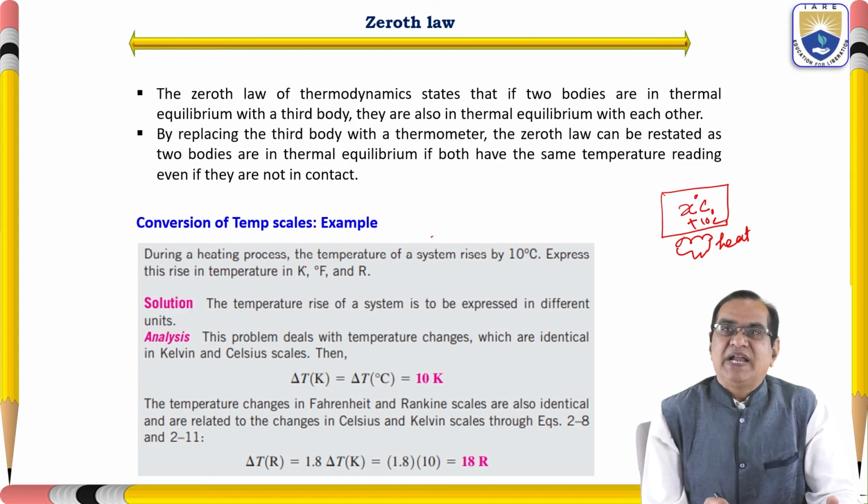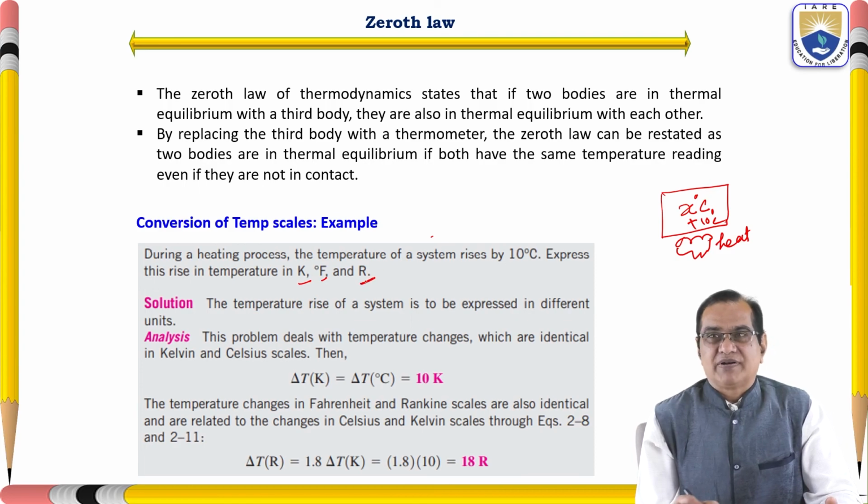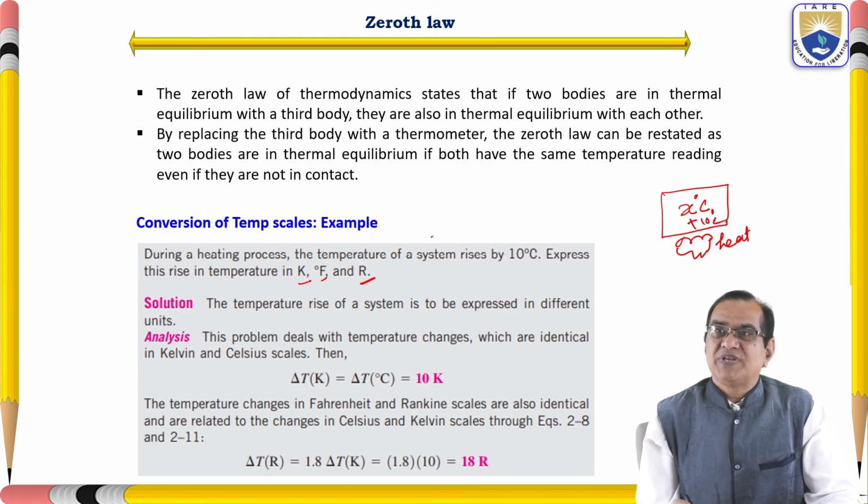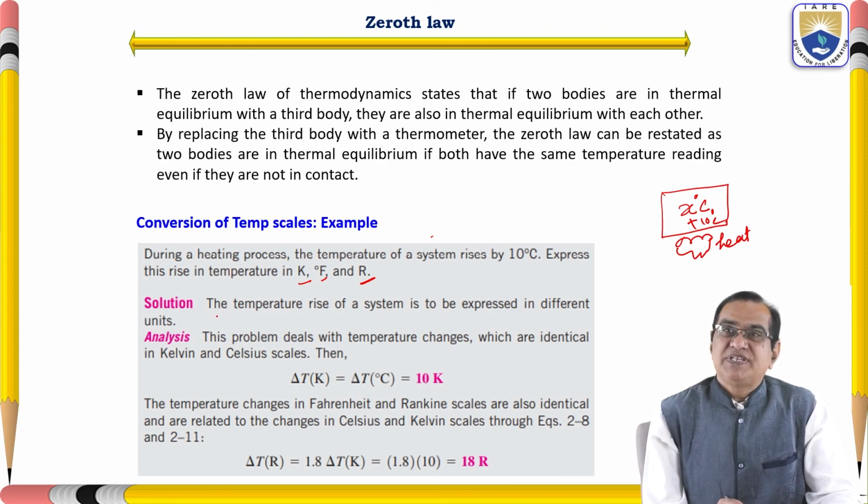Express the rise in temperature in Kelvin, Fahrenheit, and Rankine. So here the temperature rise of a system is to be expressed in different units. This is the solution: Kelvin, Fahrenheit, and Rankine.